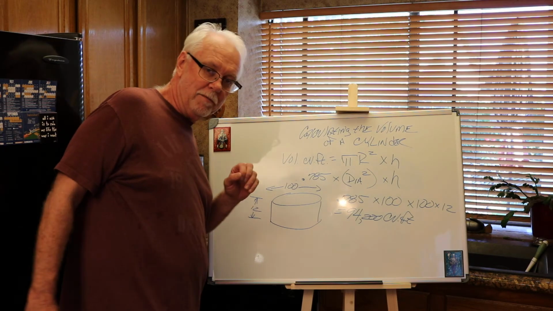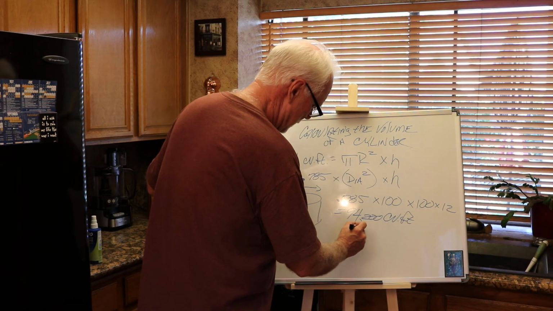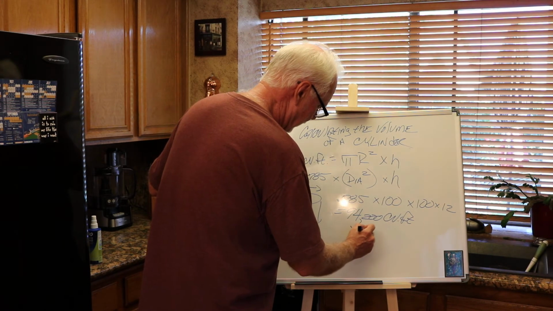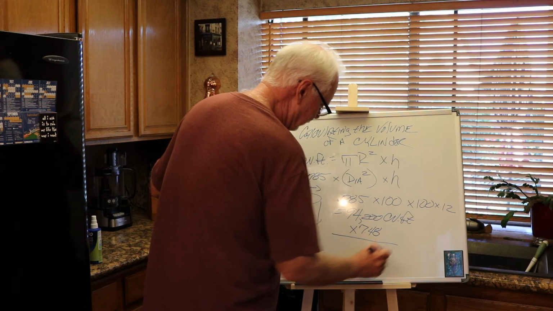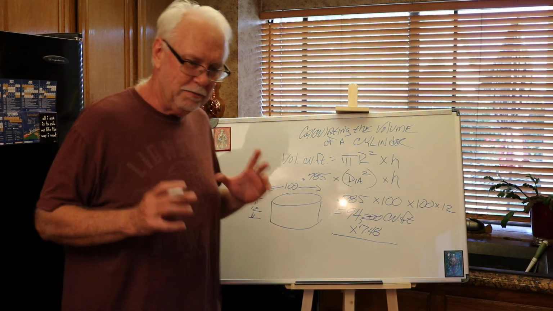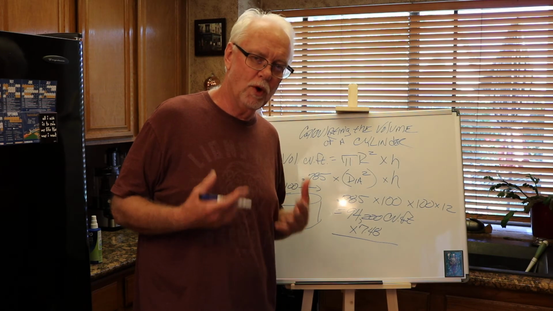All right, now, if I want to convert this to gallons, okay, times 7.48. Where I got the 7.48 is the amount of gallons occupying 1 cubic foot of space.